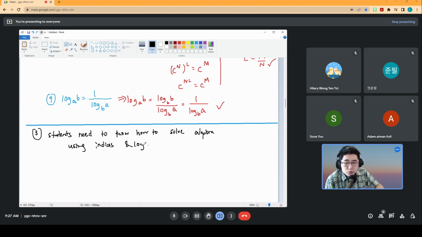Of course, students need to know what kind of algebra may be involved. Maybe simultaneous equations, showing, proving, maybe quadratic, maybe anything involved with P3 chapter 1.